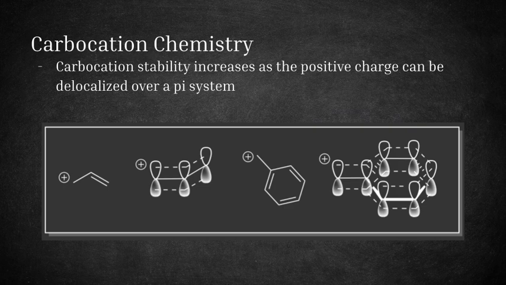For example, in an allylic carbocation, the positive charge is spread over multiple positions, distributing the charge and increasing stability. Similarly, just like for radicals, the presence of more extensive pi systems that can delocalize the positive charge leads to greater stability. This is why benzylic carbocations, where the charge can delocalize across the aromatic ring, are even more stable than allylic carbocations.